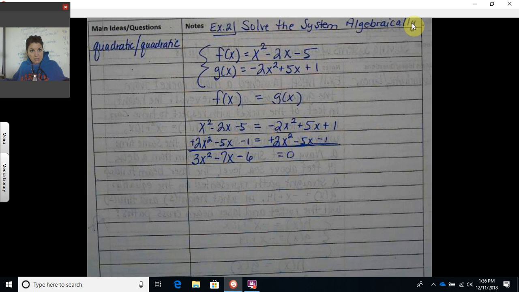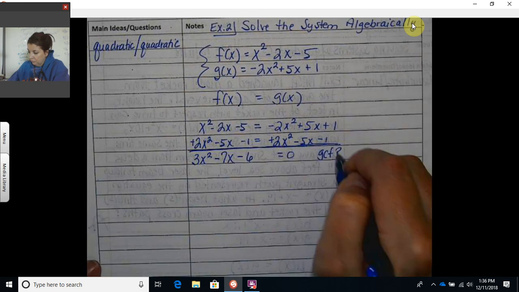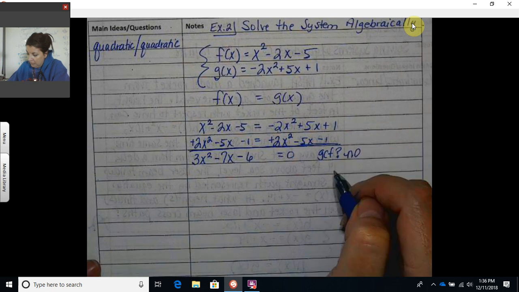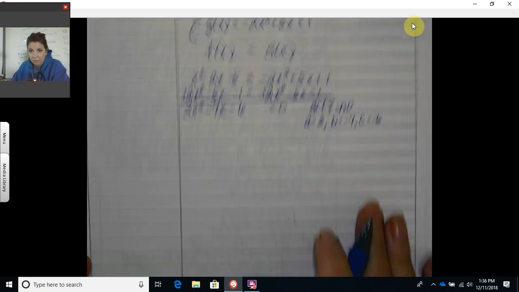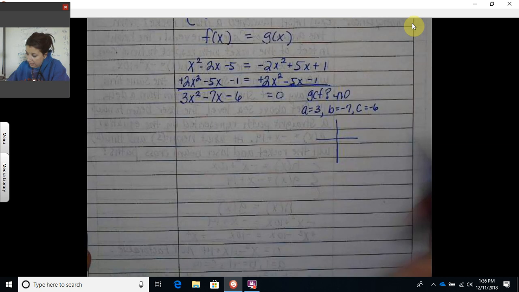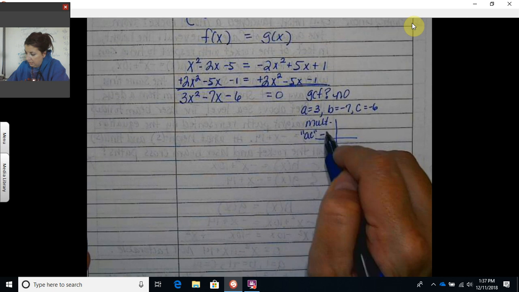So if we're going to try to factor, is there a GCF? No. So let's identify A, B, and C. A is 3. B is negative 7. C is negative 6. Make my little T-chart. I need two numbers that multiply together to give me A times C. A times C is negative 18.